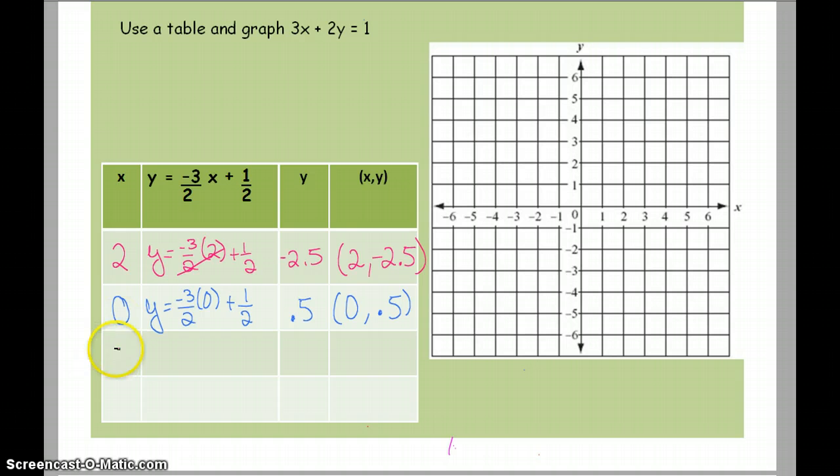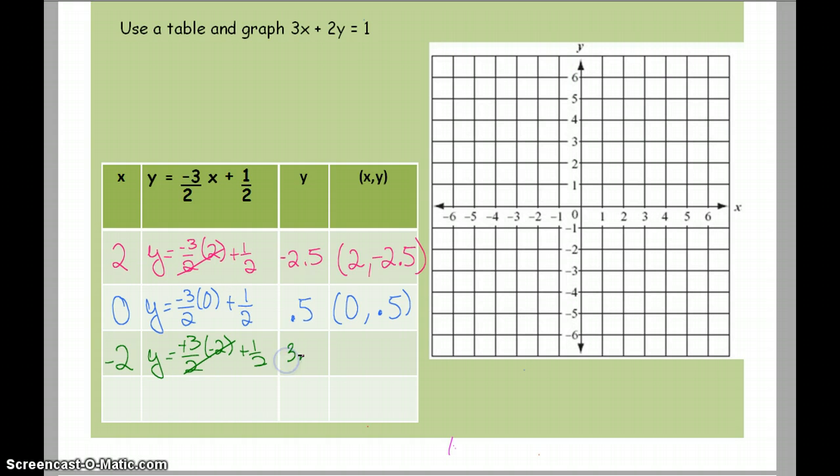Okay, the next one. I'm going to try negative 2. So I have y is equal to negative 3/2 times negative 2 plus 1/2. Okay, now I've got a negative times a negative, so I know that's going to give me a positive. So now I have positive 3 plus 1/2.